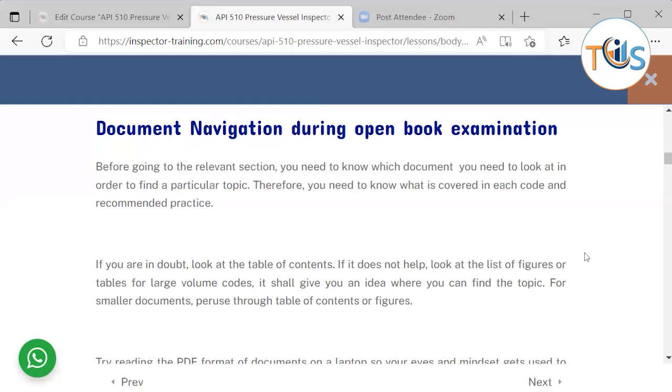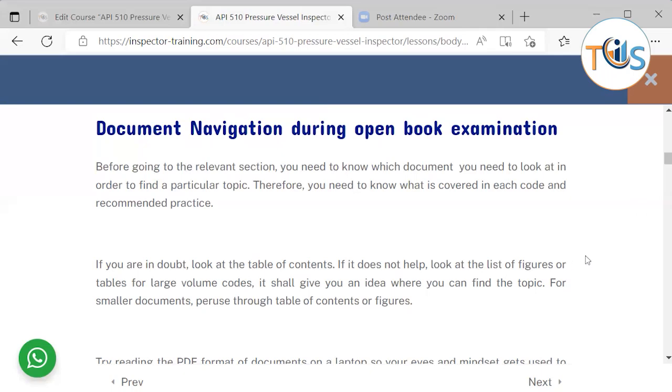Okay, so these are the two pieces of advice we always give. One is practice, and secondly, find the structure of the code beforehand, and go to the list of tables. If not, go to the list of figures and table of contents, and that would be quick.